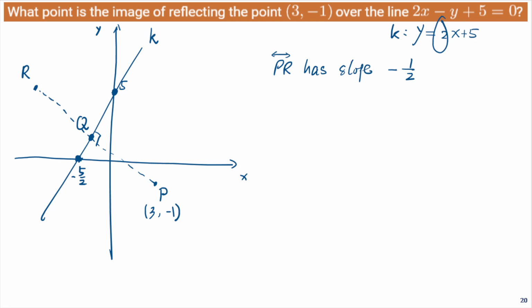Then the point-slope form of this line equation is y minus -1, which is y plus 1, equals -1/2 times (x minus 3).